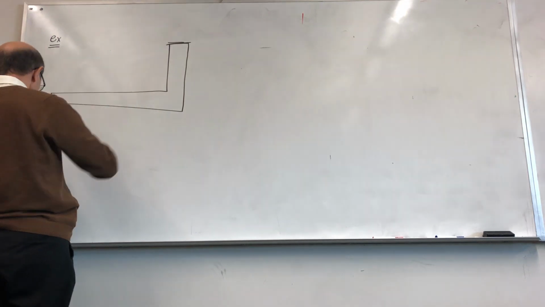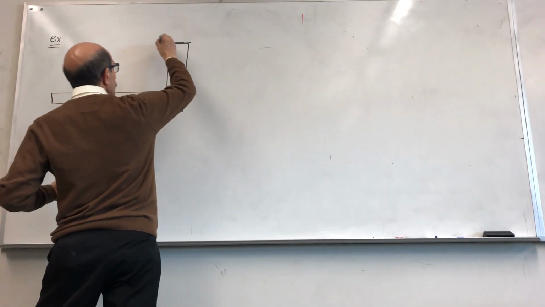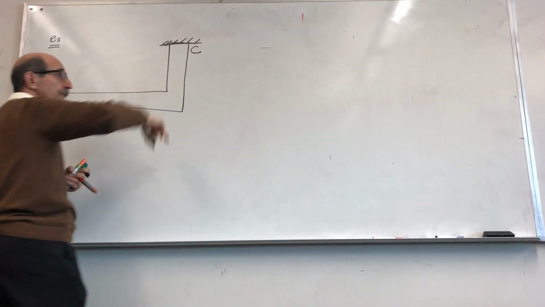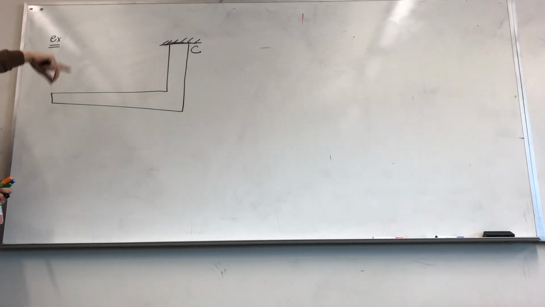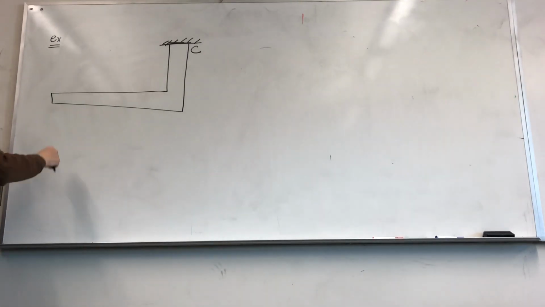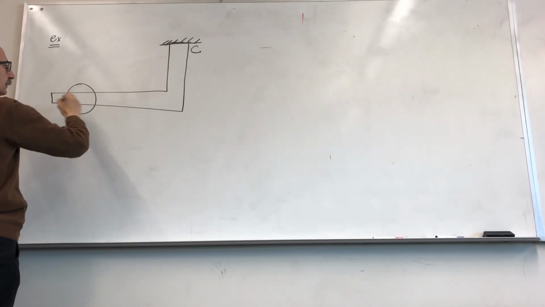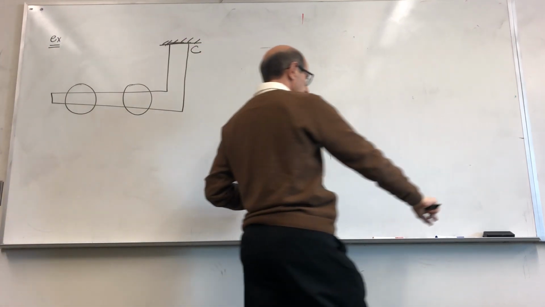So let's say you have an object that is fixed here, supported through a fixed end support here. As you can see, no rotation allowed, no translational motion along X and Y. Then you have two pulleys here connected to this structure.